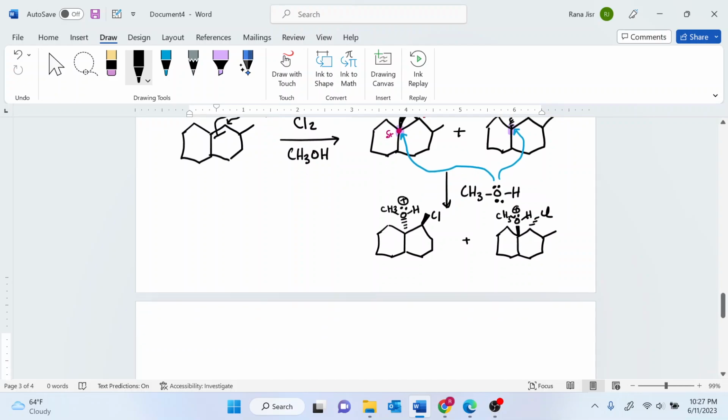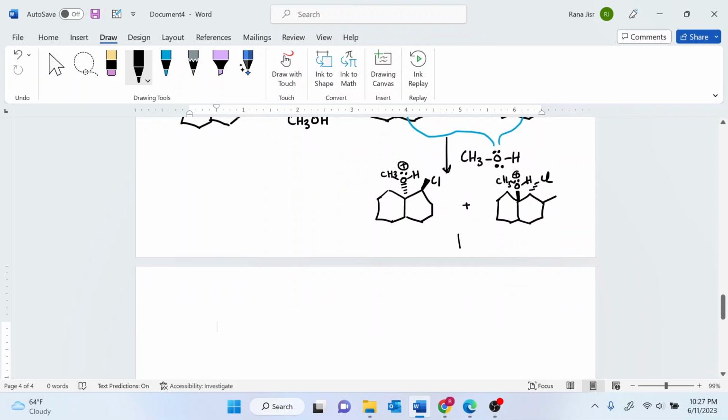Then you're going to go ahead and use a base. And we agreed that the base is going to be any sort of lone pair in the solution. So it can be another mole of methanol. So I can use another mole of methanol, but for simplicity, I can also use just a base with a lone pair. That means another mole of methanol, since this is the only thing that I have in there, and I want to stay away from the chlorine. I don't want to make an HCl.